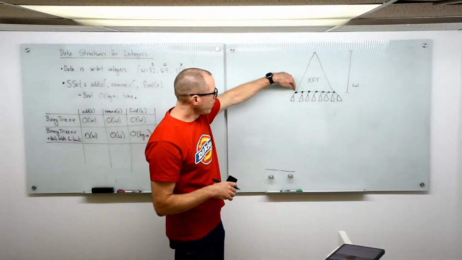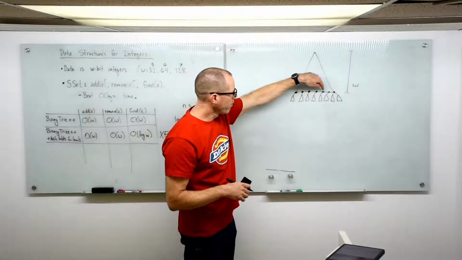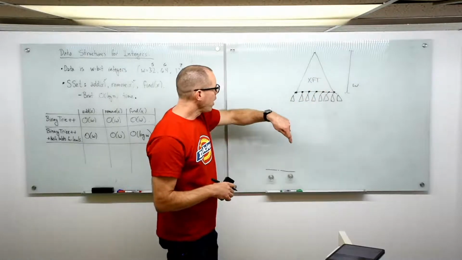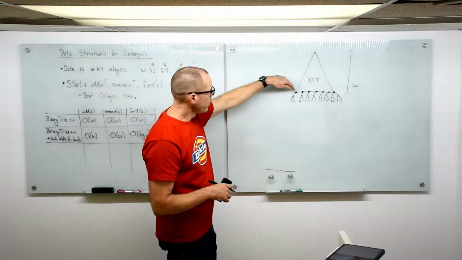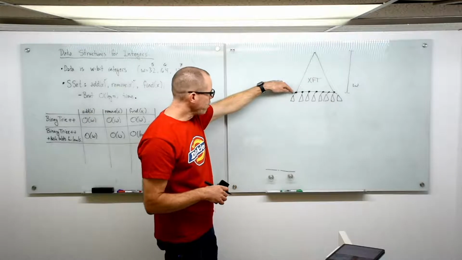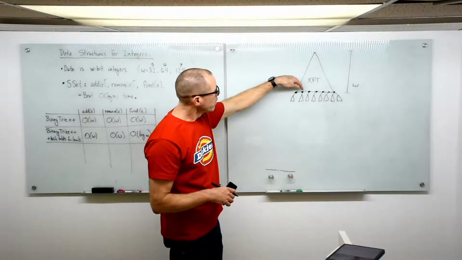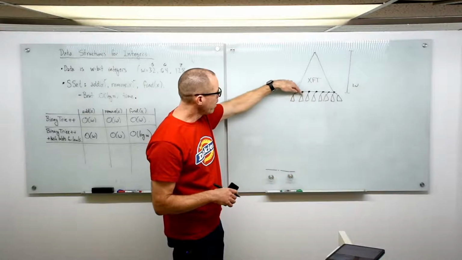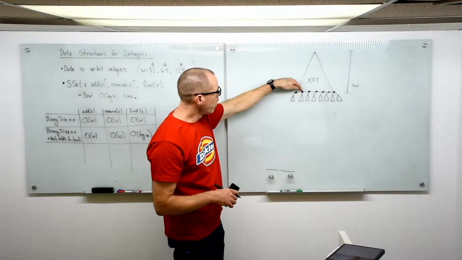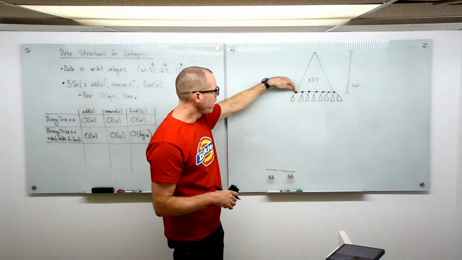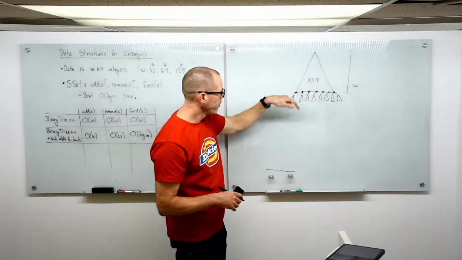Right, so some of our stuff is in this XFast trie, and then this one over here has a bag that contains all of the values that are smaller than it. This one has a bag that contains all the values that are smaller than it, but bigger than the one that came before it, and so on.